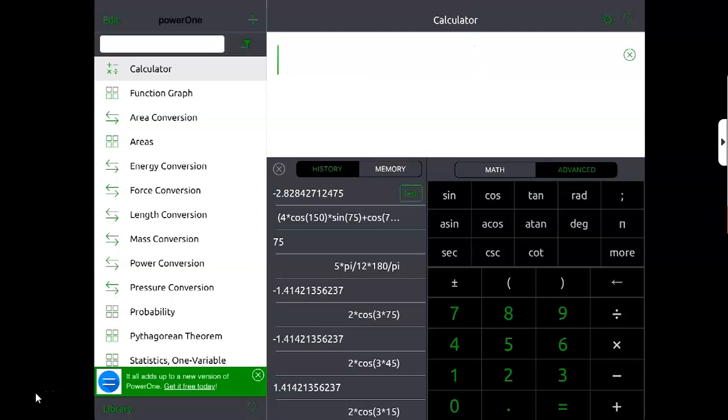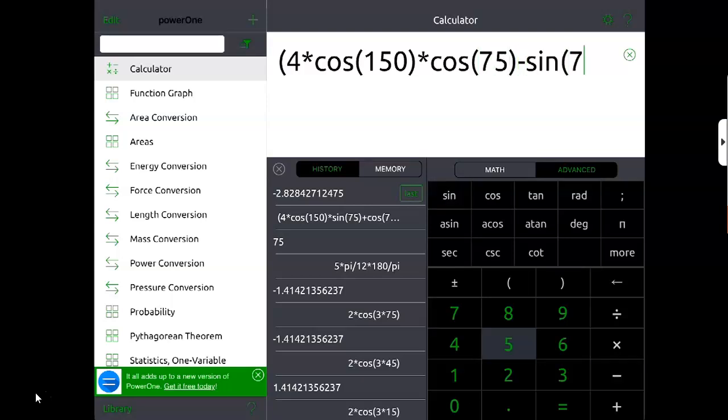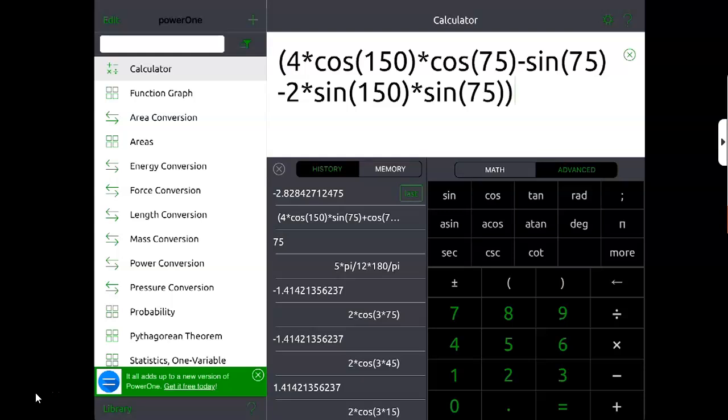So in the bottom, it would be 4 times cosine of 150 times the cosine of 75 minus the sine of 75 minus 2 times the sine of 150 times sine of 75.